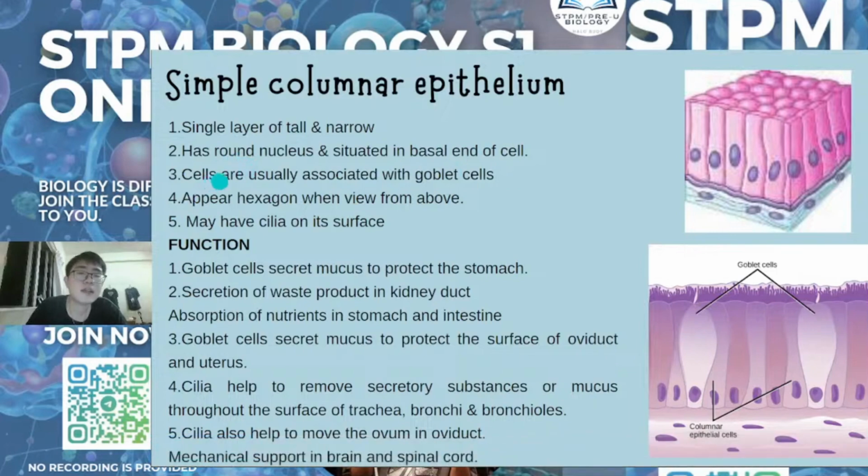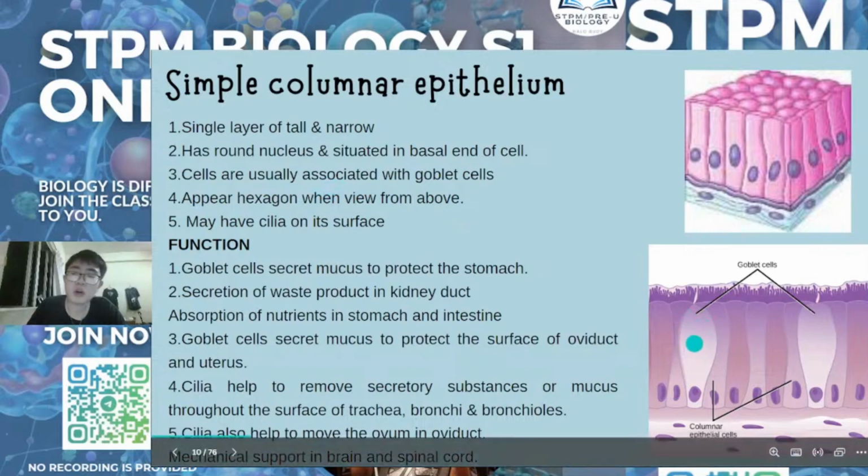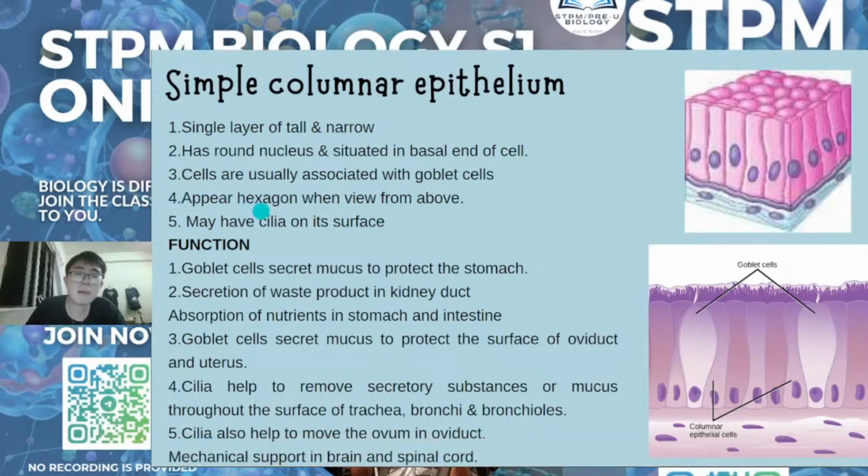Normally these cells are usually associated with the goblet cell. So this epithelium tissue will contain goblet cells. These are the goblet cells. And normally it appears hexagon-shaped when viewed from above. It may also have cilia on its surface.